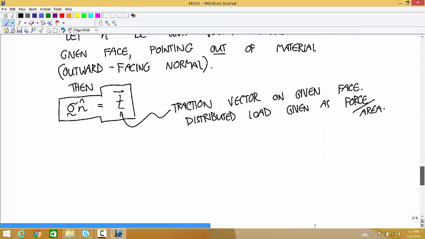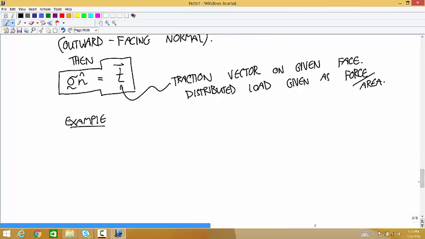Okay, so first let me show how this works with a stress element. That's the simple, easiest one to wrap your head around. And it sort of intuitively gives you a sense of why this works.